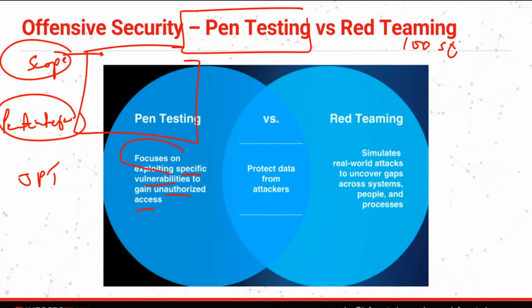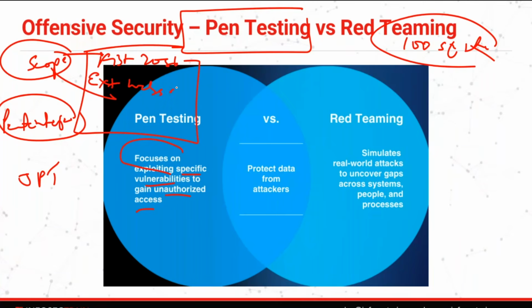Out of the 100 systems, you are given a scope that you can perform pen testing on just the first 20 systems. Then in the scope, the organization also has an external public facing website, so you can perform pen testing upon that. So that is the scope that is given to you.